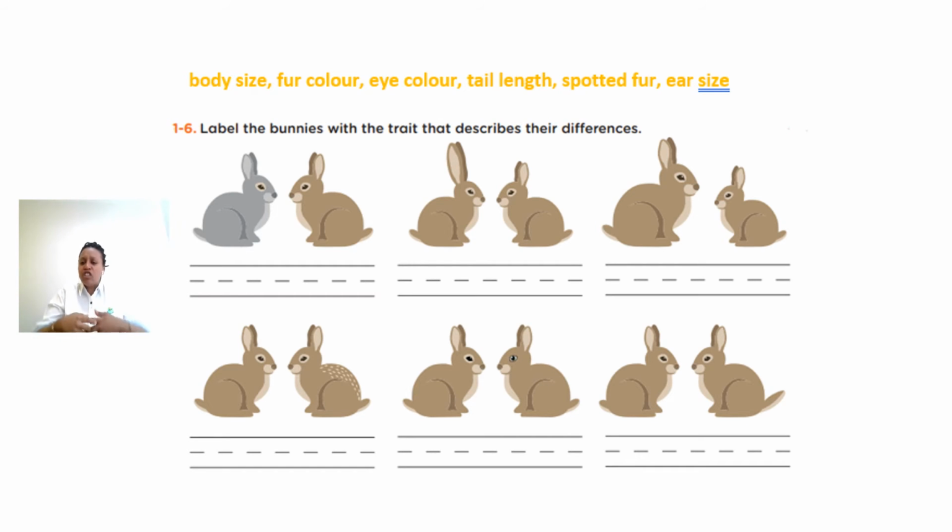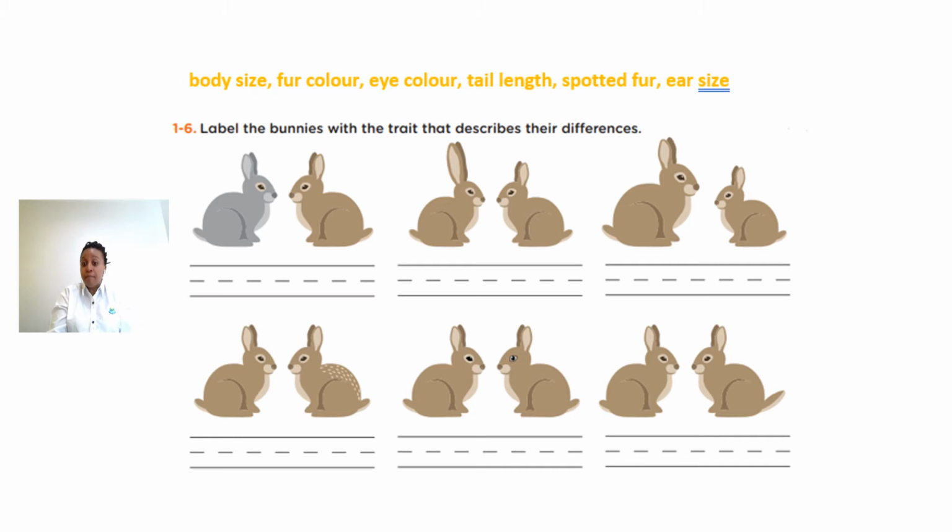Now, let's just try and understand what traits are and how we can see the differences between them and what is common. Okay, so this is a bunny. Okay, so these are bunnies, right? So now looking at them, what can you say is common in all of them?